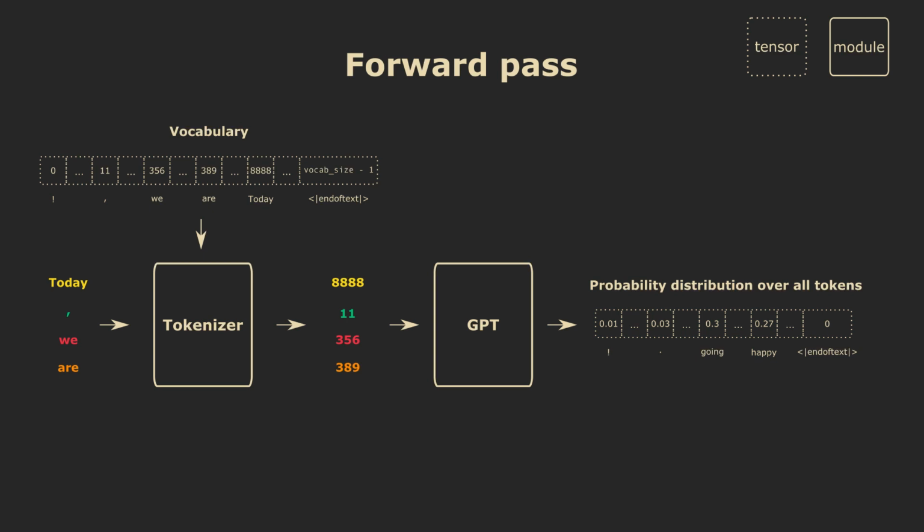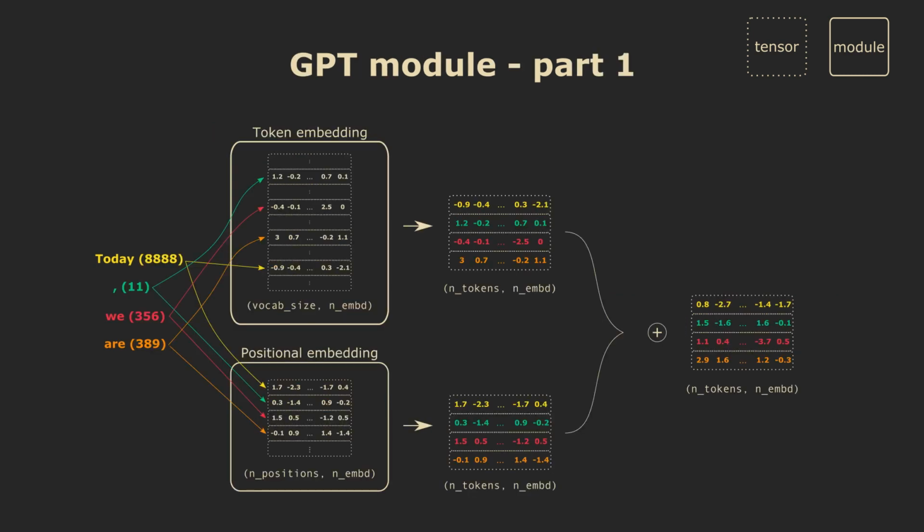Anyway, now that we have an understanding of the general pipeline, let us focus on the GPT module. Note that in the following slides, I will completely leave out dropout modules and some normalization modules since they don't change the shape of tensors, and I don't want to clutter the slides too much. Okay, so this is the first part of the explanation of what is happening inside of the GPT module.